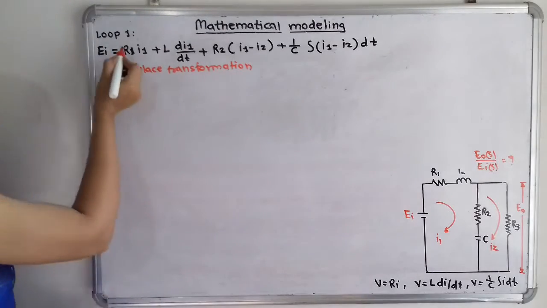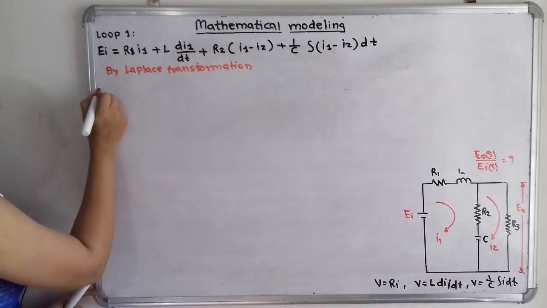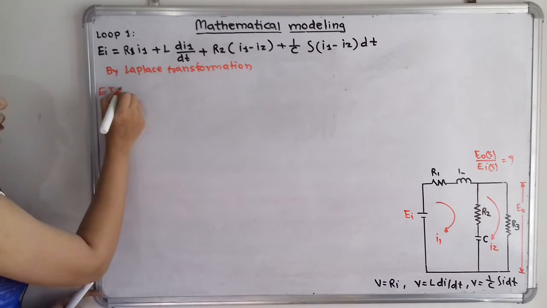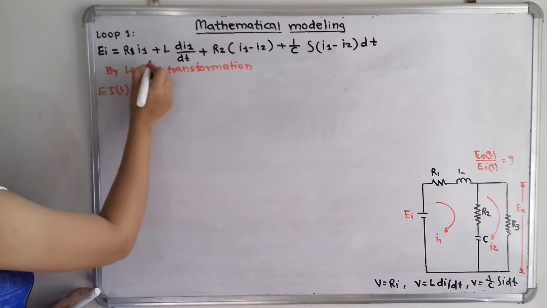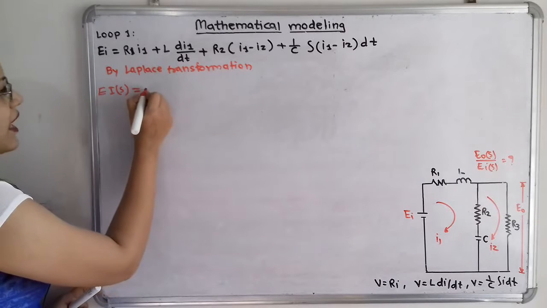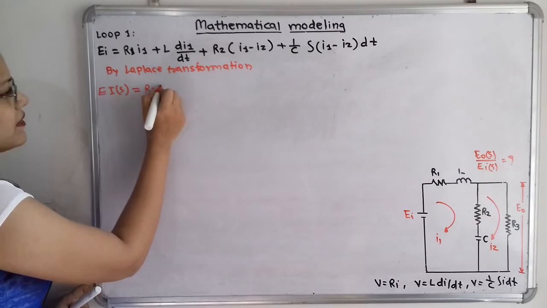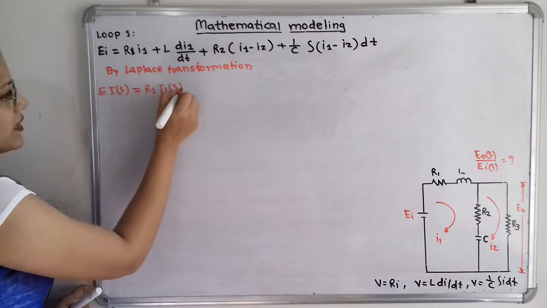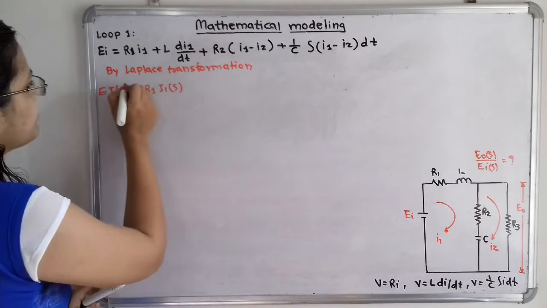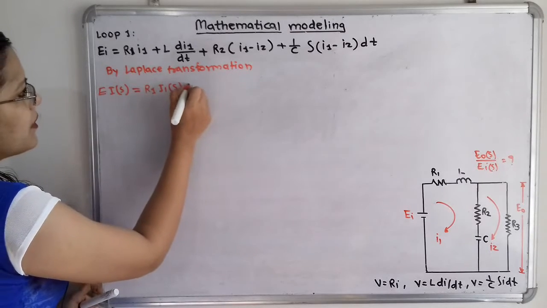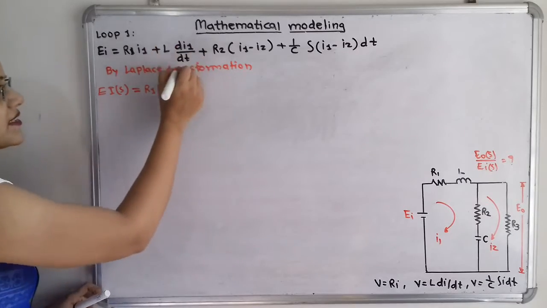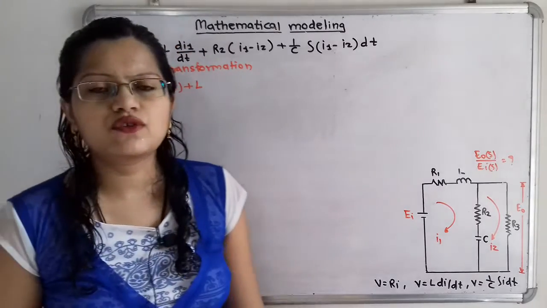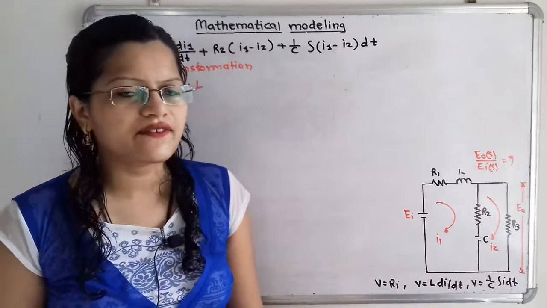So EI, that is the left hand side, will become EI(S) equal to R1 I1(S), plus L dI1 by dt. Here this is the differentiation, so we have to cancel this differentiation.